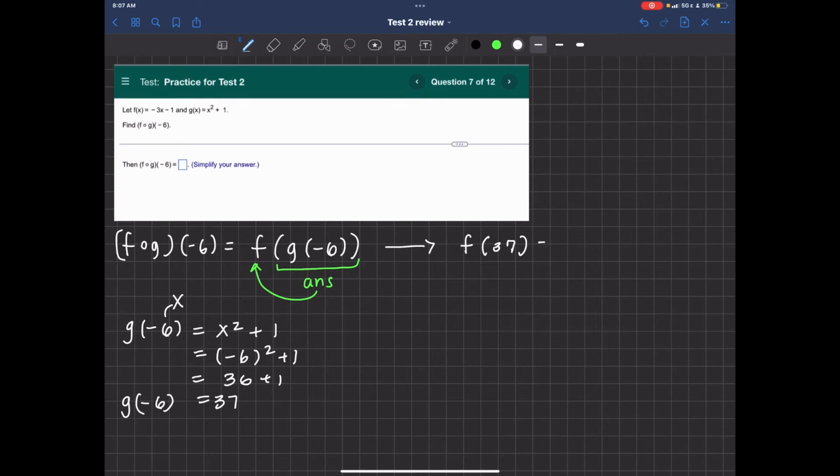So when I do that, I'm going to get negative 3x minus 1 equals negative 3 times 37 minus 1 equals negative 111 minus 1 equals negative 112. And that is your f of g of negative 6 solution.